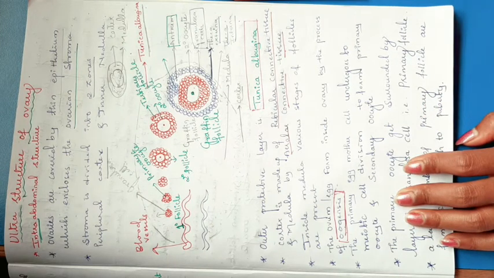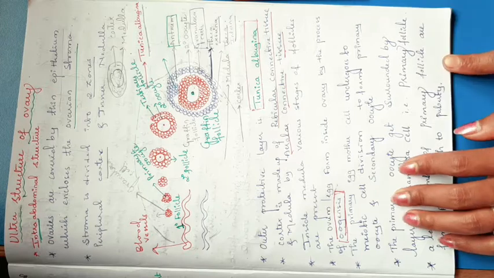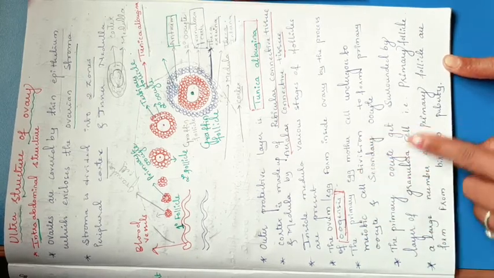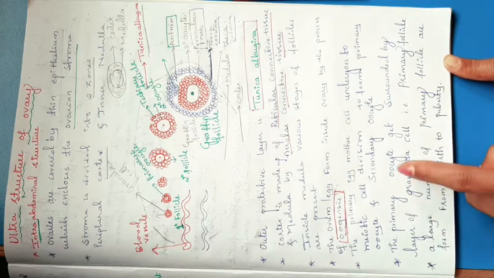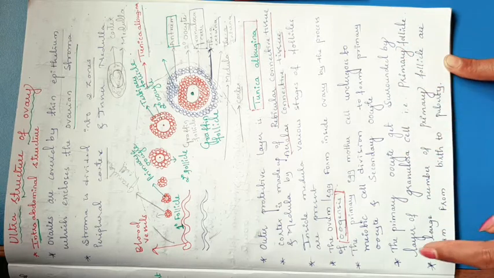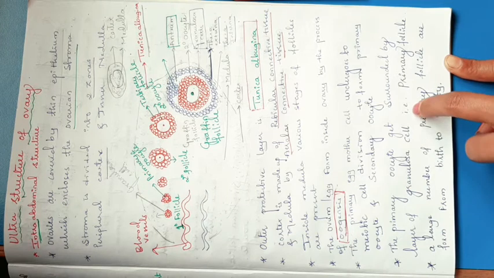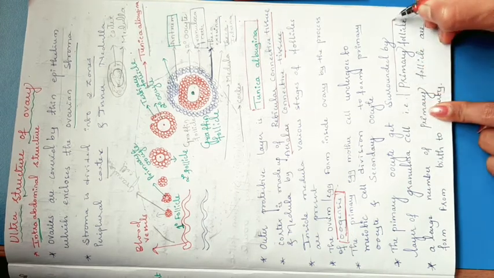This is just a diagrammatic representation of an ovary. The cell division during gamete formation we will discuss in the gametogenesis portion. Now just remember this diagram and understand the ovary structure. The primary oocyte gets surrounded by a thin layer of granulosa cells, which is called a primary follicle. Remember this.